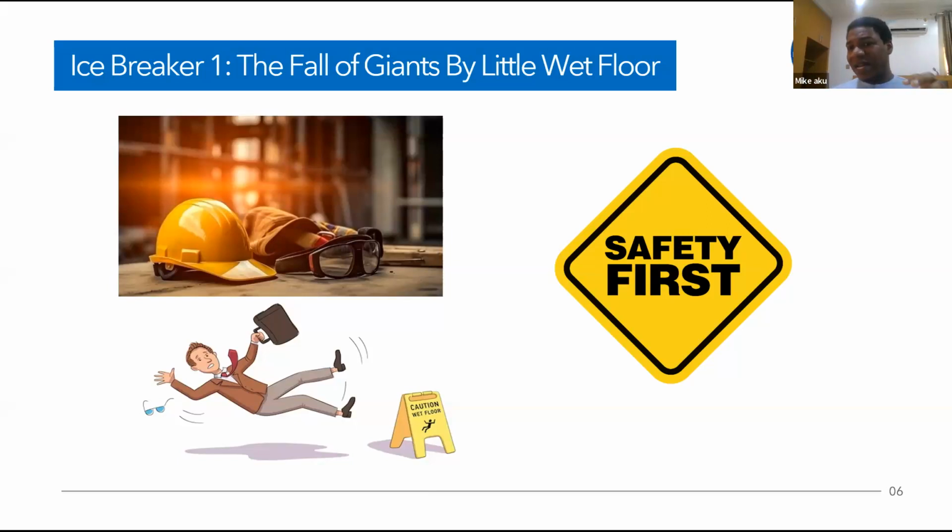Whenever there's a sign, it is supposed to be preventive, but people still tend to be reactive. I have a couple of friends who have had slips and trips, and it's not actually funny. But it's interesting that the sign says safety first, and are we still safe despite being notified to be safe in the first instance? That's the first icebreaker I have.